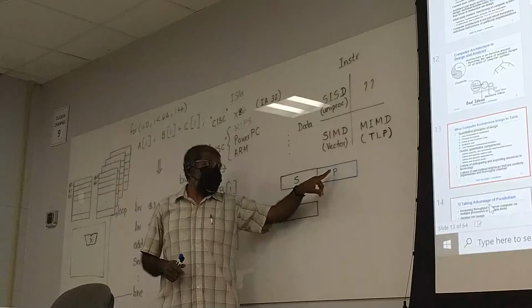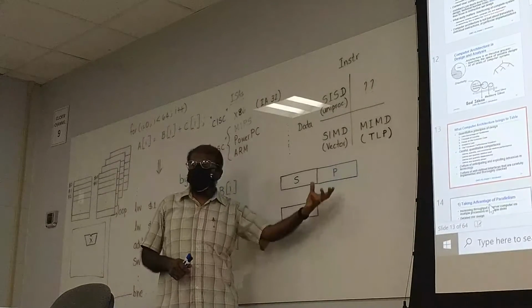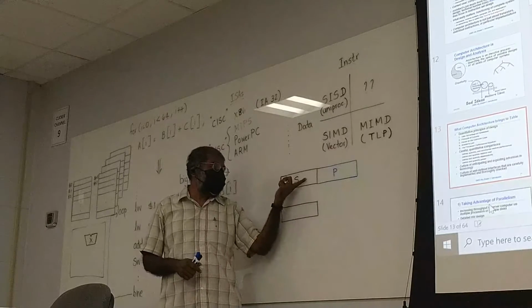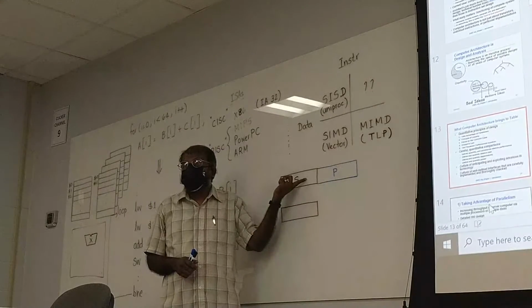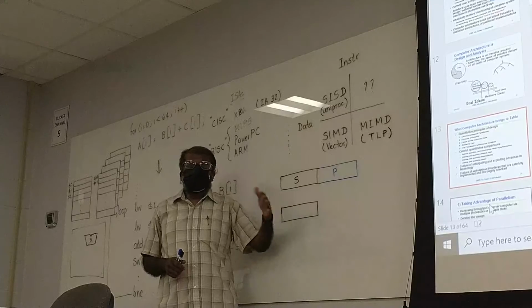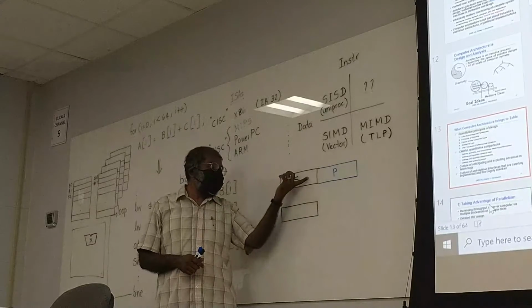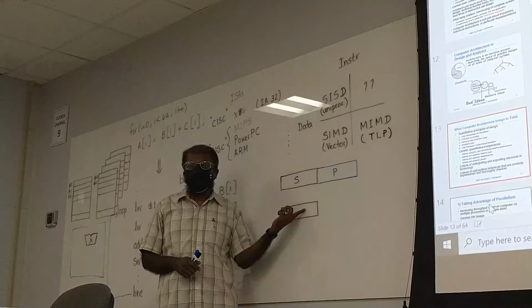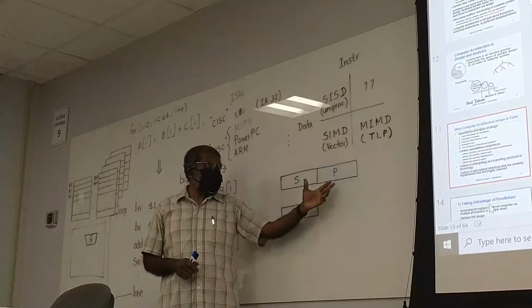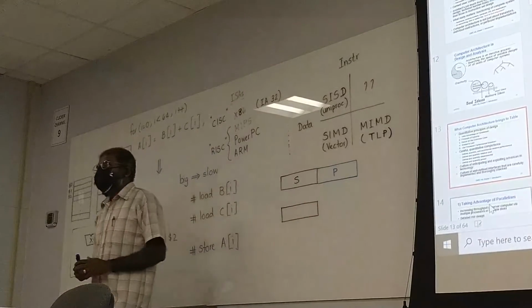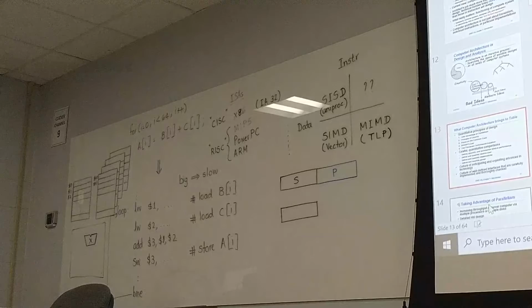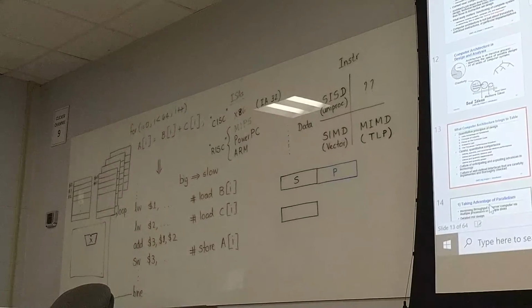If this part can be reduced by thread-level parallelism, we can bring it to 0, but this has no thread-level parallelism. Do ILP or vector or whatever, you have to do something about this. Otherwise, we are throwing too many resources and not really going to get a big benefit out of that.